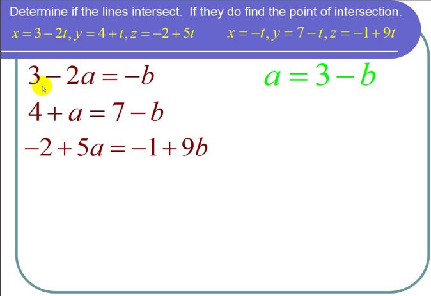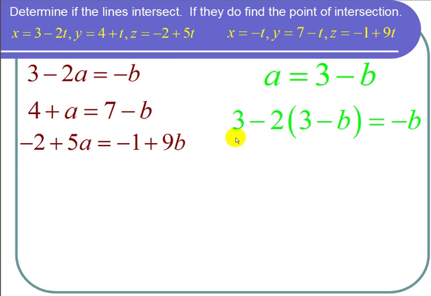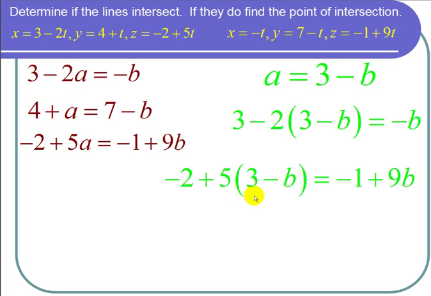I get 3 minus 2 times 3 minus B is equal to negative B. And in the third equation, I get negative 2 plus 5 times 3 minus B is equal to negative 1 plus 9B. So now I have 2 equations and 1 unknown.